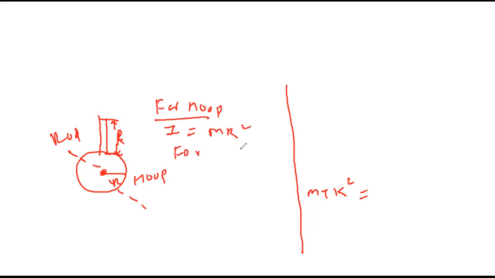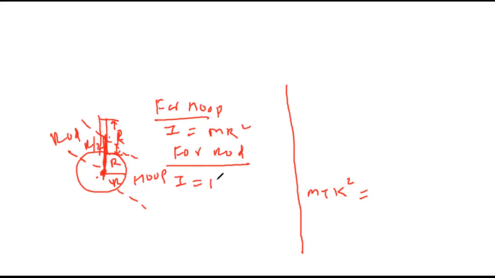And for the rod, it is parallel to the standard axis. This distance is r and this is r by 2. So I about this center will be this plus the parallel axis term.